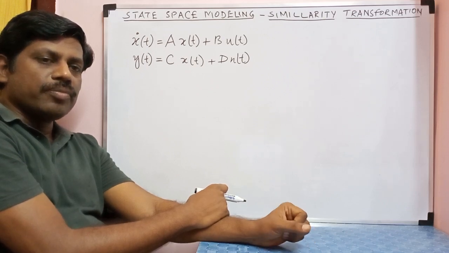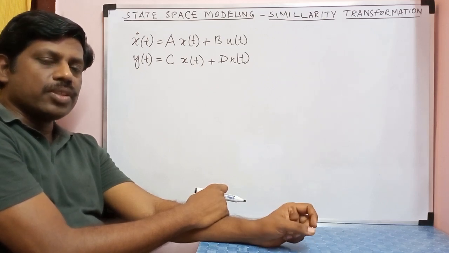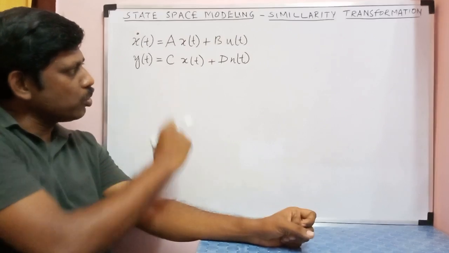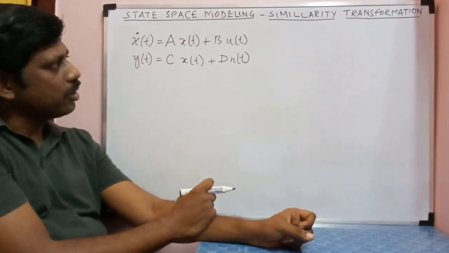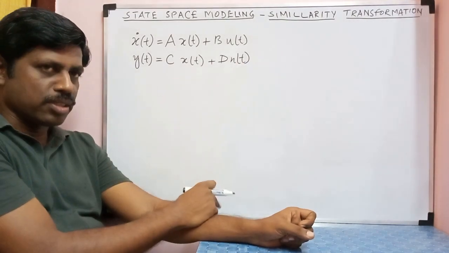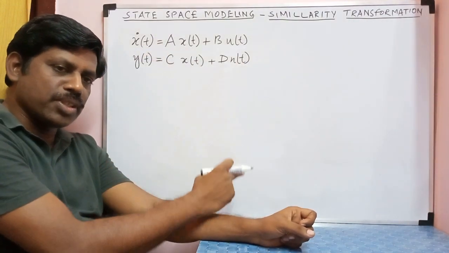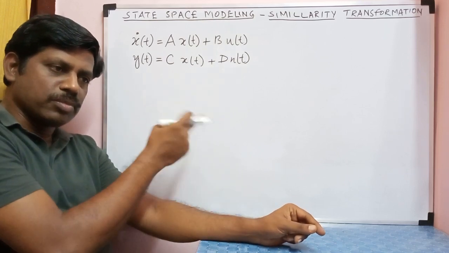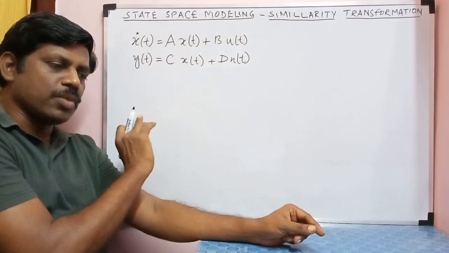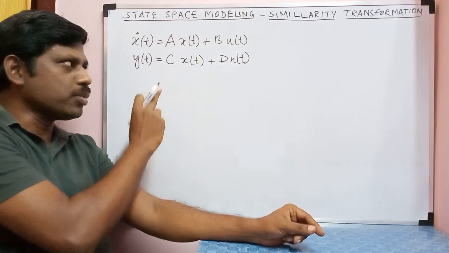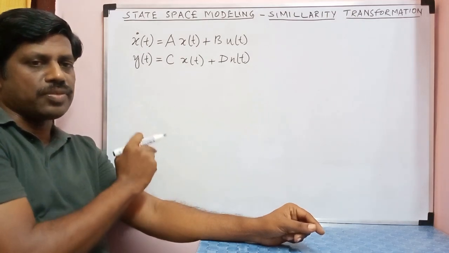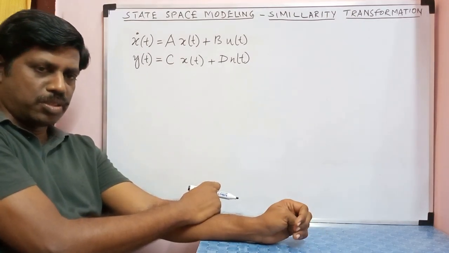And in the fifth lecture, we understood that if this state space model represents a particular physical system, and if I got another transfer function model for the same physical system, since both of them represent the same system, I should be able to transform the state space model to the transfer function model and the transfer function model to the state space model.